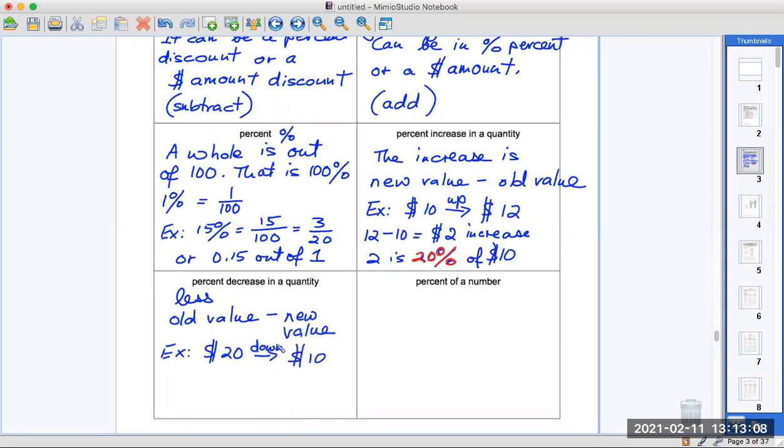From 20 down to 10, decrease. To find the percent, you take the 20, the old value, minus the new value.